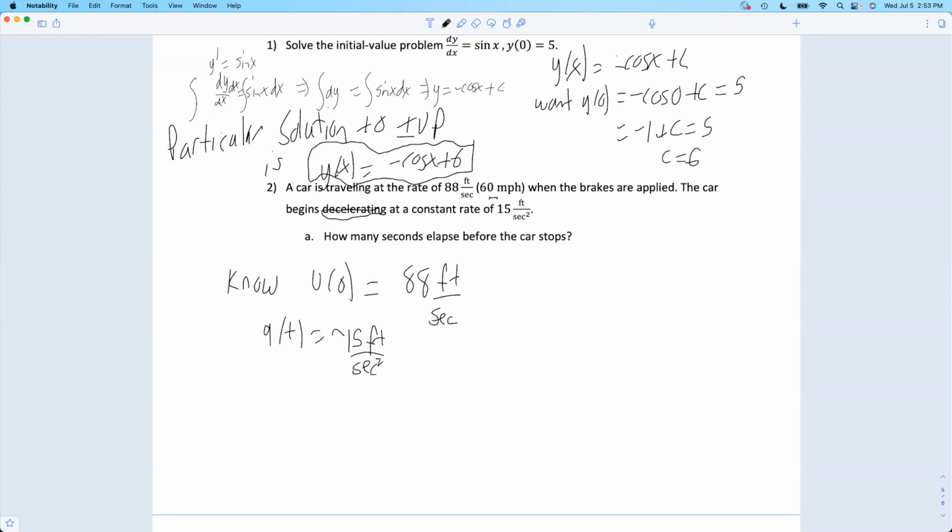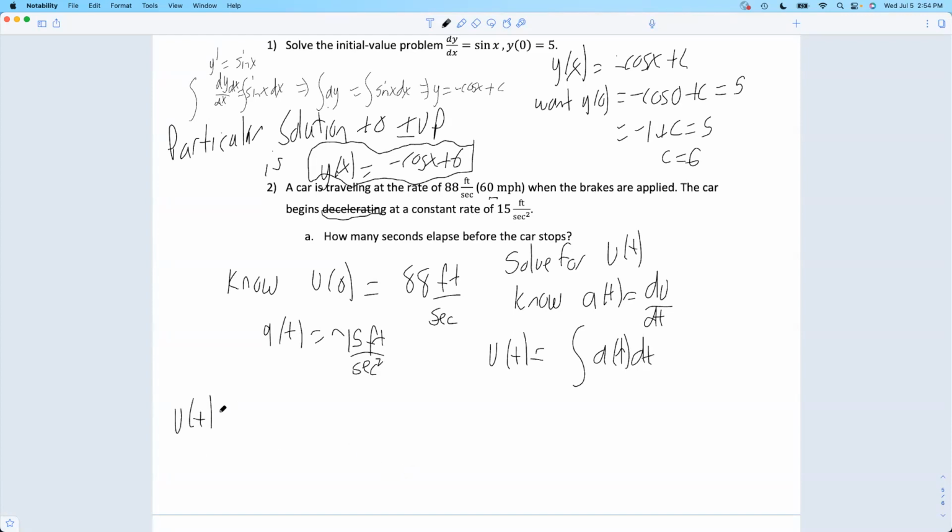Okay. So what I'm going to do is I'm going to solve for v of t, because we know that the acceleration is the derivative of velocity. Therefore, velocity is the antiderivative of acceleration, dt. Don't forget your dt there.